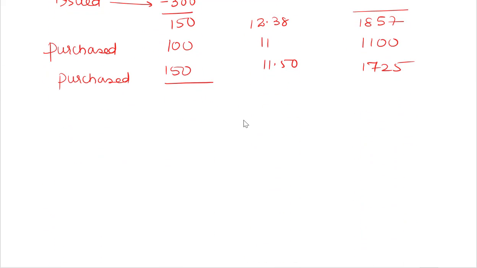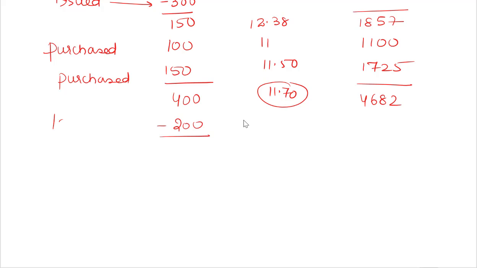Issue 200 units at 20, but we need to total it. 400 over here: 1857 plus 1100 plus 1725, 4682. Average is 11.70.